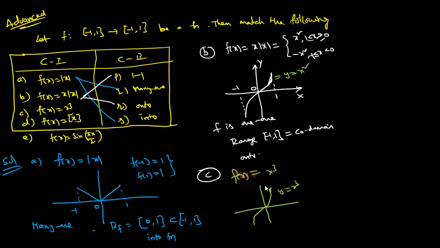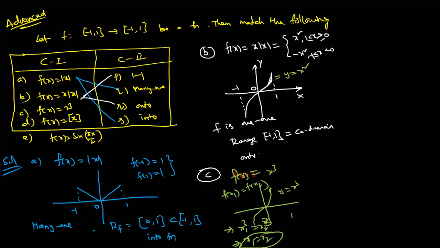Without drawing the graph also you can say the case, I will tell you. Dear students, see f(x1) = f(x2). I don't know the graph. For example, for you I am explaining. So x1 cube = x2 cube, so x1 = x2 is coming in this case. This is the analytical method without using graph. So it is one-one and onto also.